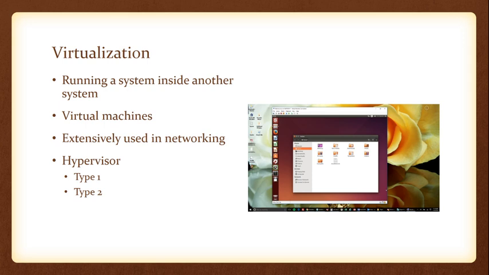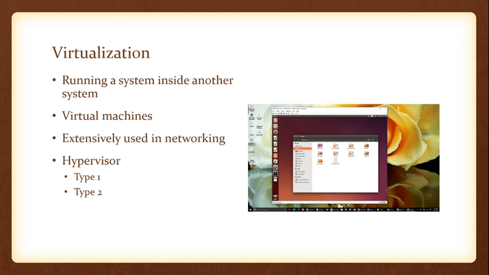Now there's two types of virtualization software. These are called hypervisors, and there's a type 1 and a type 2. A type 1 hypervisor does not require an OS. It's designed to share hardware resources among virtual computers. It can be more efficient and more stable than type 2.